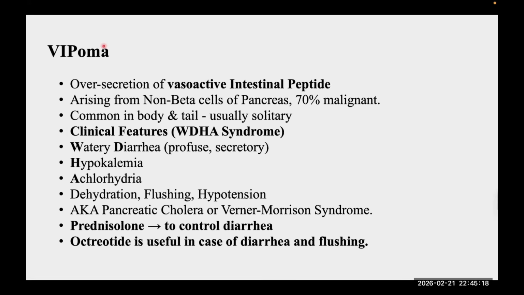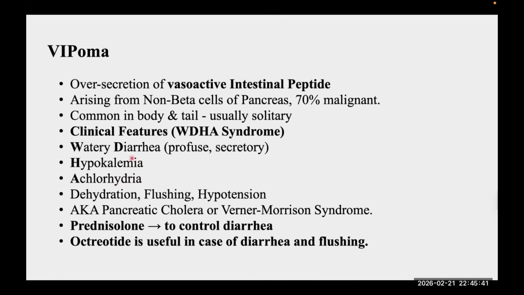Now we're going to move to the other tumor, which is VIPoma. In VIPoma, there is an excessive secretion of vasoactive intestinal peptide, again arising from non-beta cells of the pancreas. Now, 70% of the time, it is malignant, so it's a high percentage. Common in the body and the tail, it's usually solitary. The clinical features are usually WDHA syndrome.